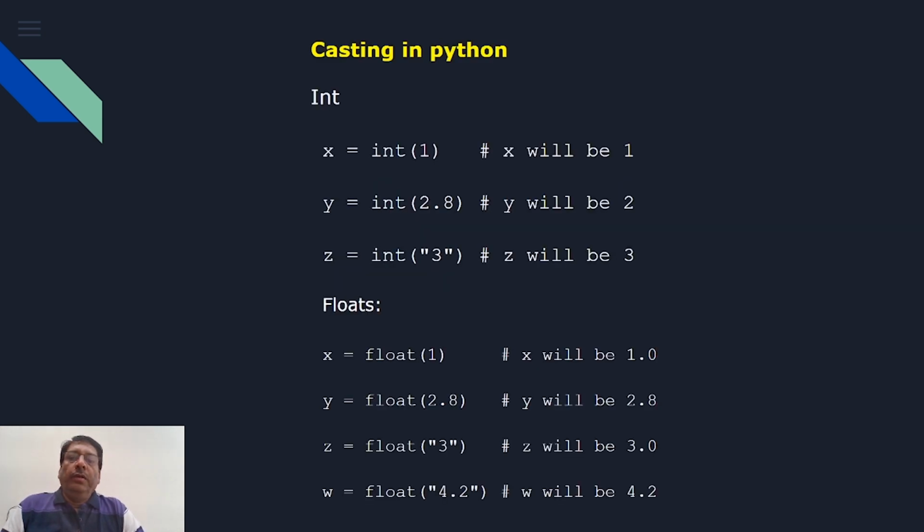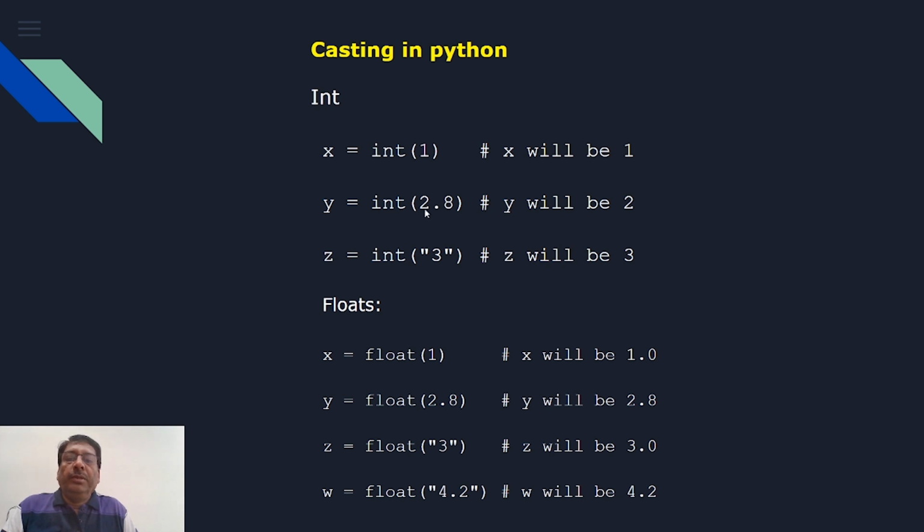Okay. Today, we'll try to understand what exactly we mean by casting in Python. Basically, casting means we can convert data present in one data type into another data type. Here we can perform casting wherein you convert a given value into the integer data type. How are we going to do that? If it is given as 1, which is an integer, you can just say int of 1, and the output will be 1 only.